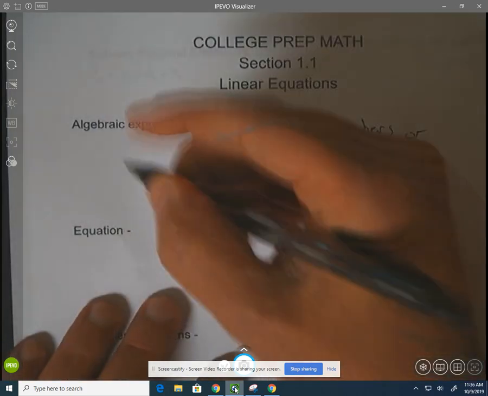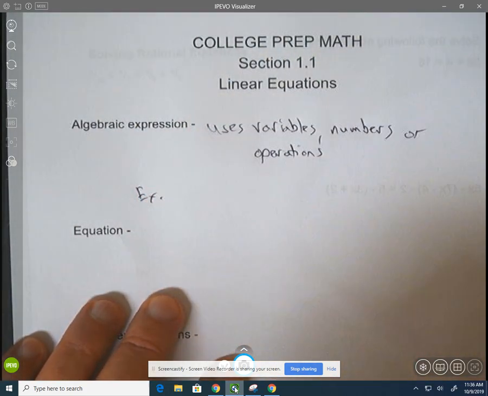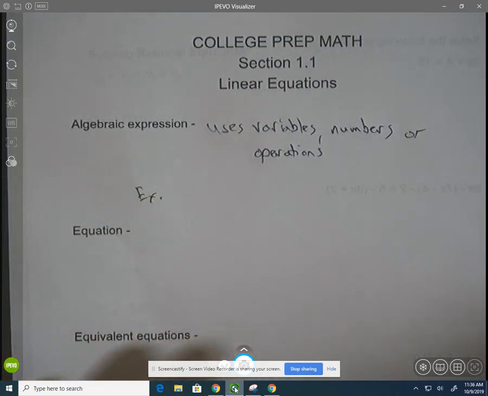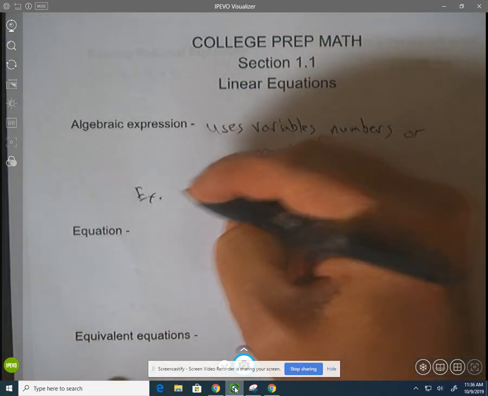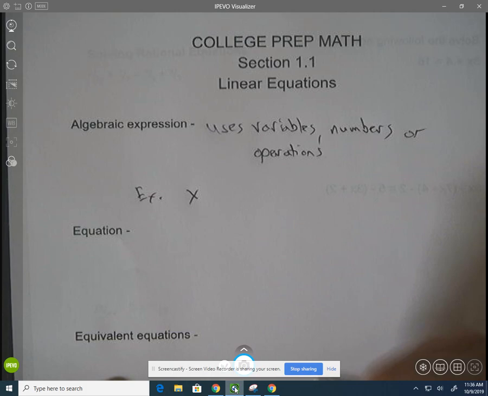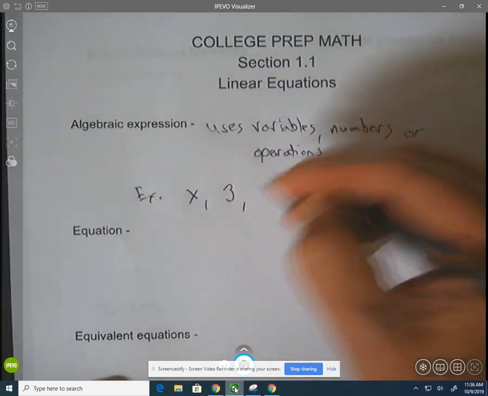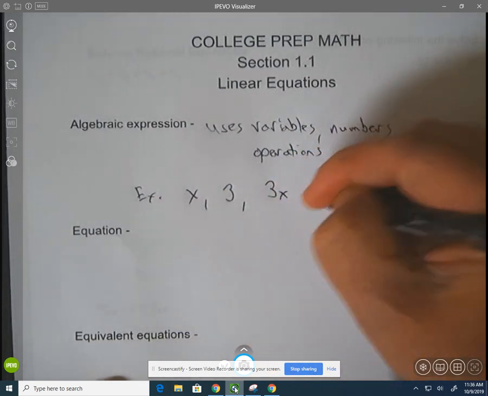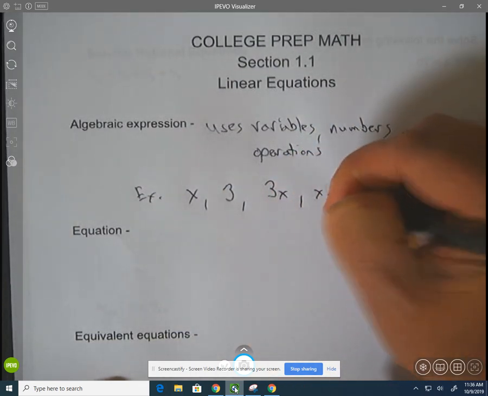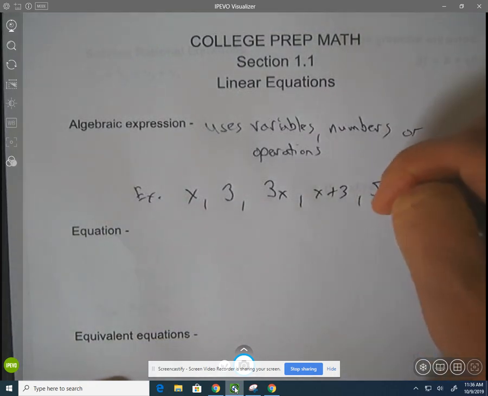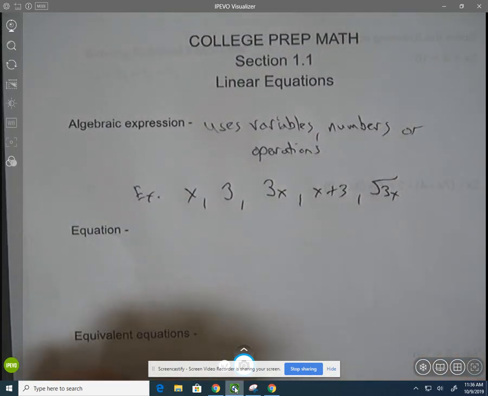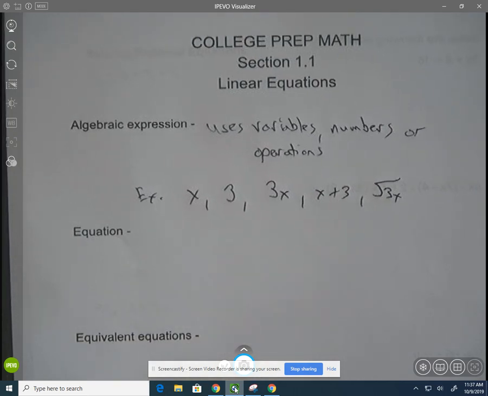So some examples of algebraic expressions could just be a variable like x. That's an algebraic expression. It could be a number like 3, or it could be any sort of operations between numbers and variables. 3 times x, x plus 3, the square root of 3x. Any of those are what are called algebraic expressions.